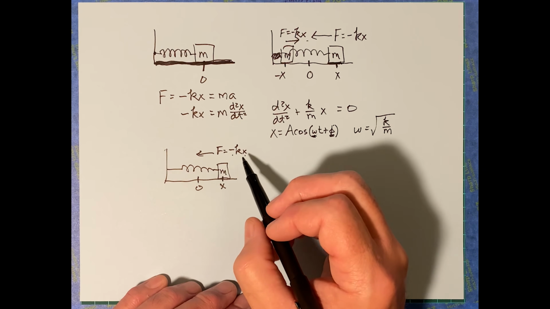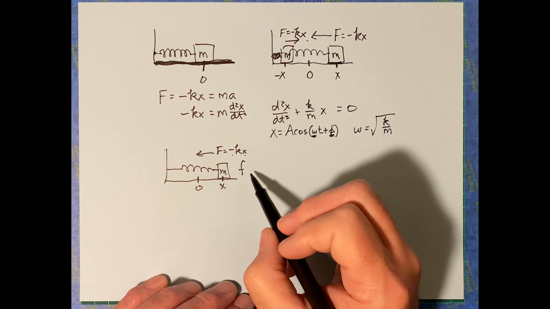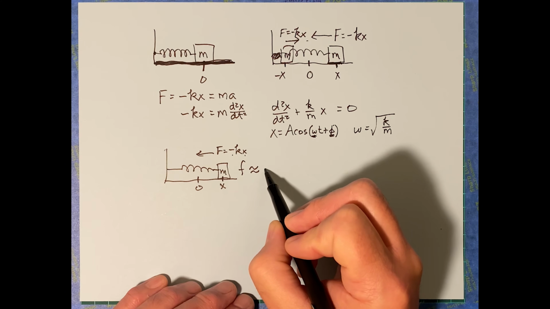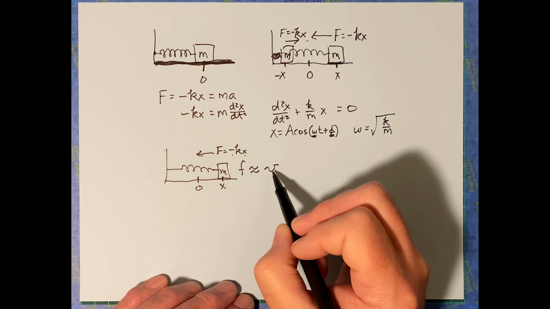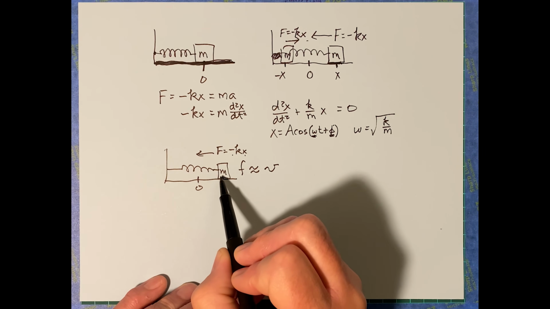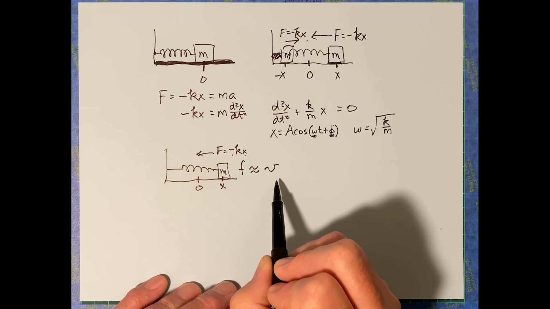But there's this other frictional force, and this frictional force, let's call that little f, is going to be proportional to the velocity, but it's going to be in the opposite direction of the velocity. So in other words, if the mass is going to the left, the friction is going to be to the right.